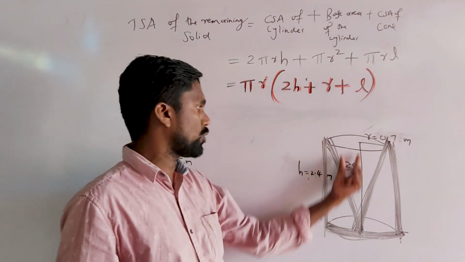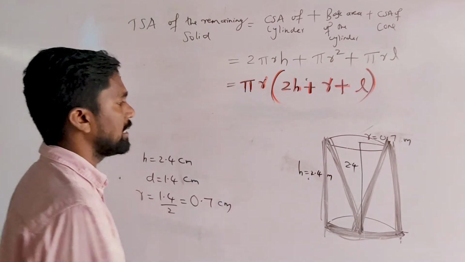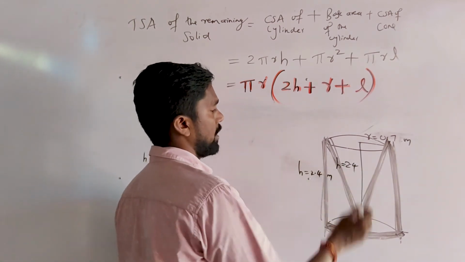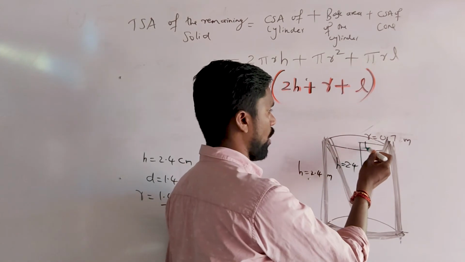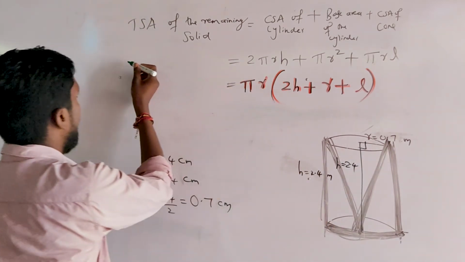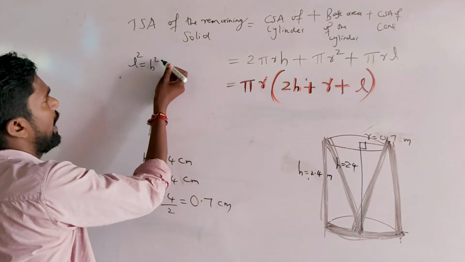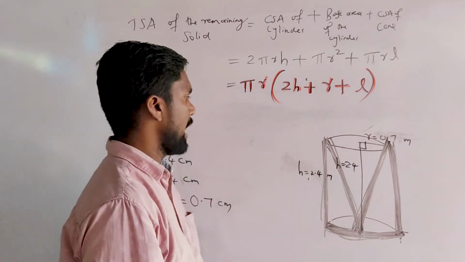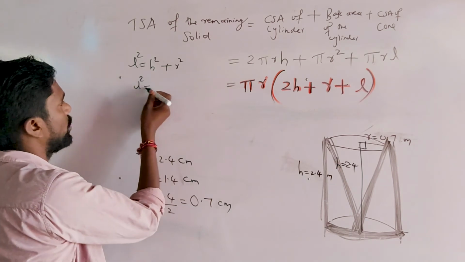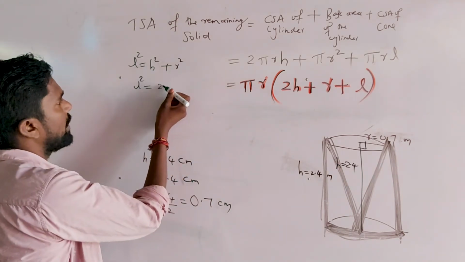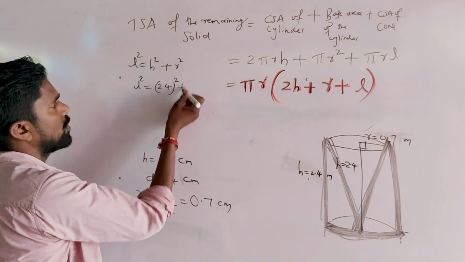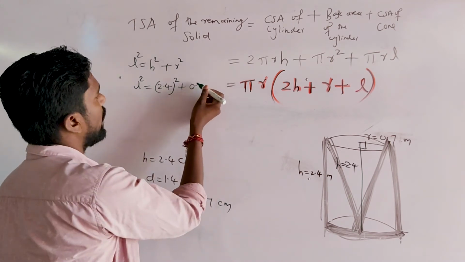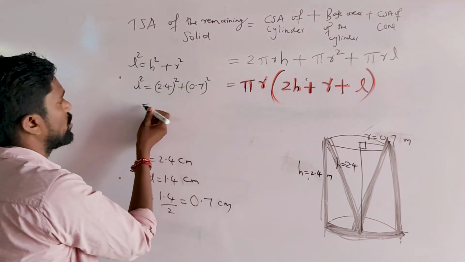So you know the relation: l square is equal to h square plus r square. So l square is 2.4 whole square plus 0.7 whole square.